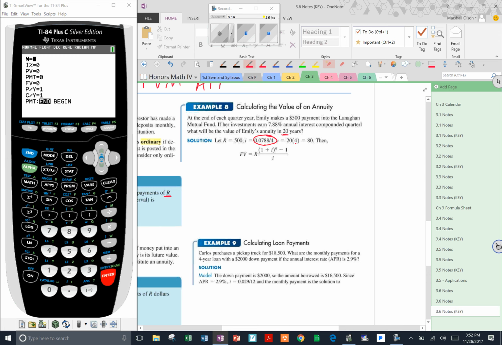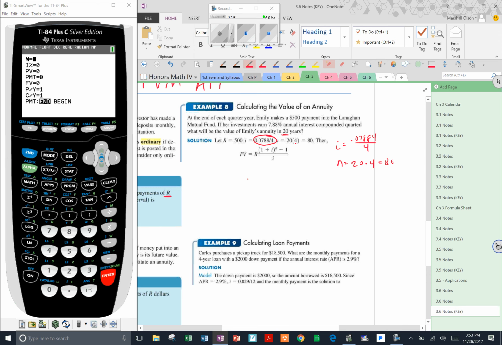All right, so I'm going to write that off to the side here because that's pretty important. I is going to be whatever the annual interest rate is. Then we got to compensate for the fact that it's done quarterly, so we're going to divide that by 4. And then N is how many times overall that's been calculated, or we've made these payments. So 20 years, 4 times a year. So N is going to be 80.